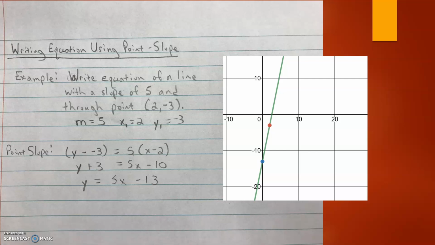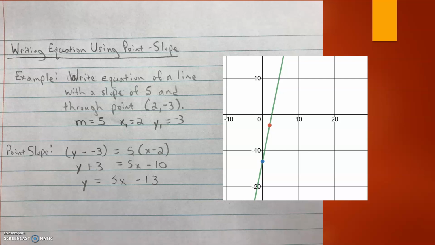So y minus -3 equals 5 times the quantity x minus 2. We'll use the distributive property, collect like terms, and get y by itself to give slope-intercept form: y equals 5x minus 13. In this form, the slope is still 5, but the y-intercept is -13.